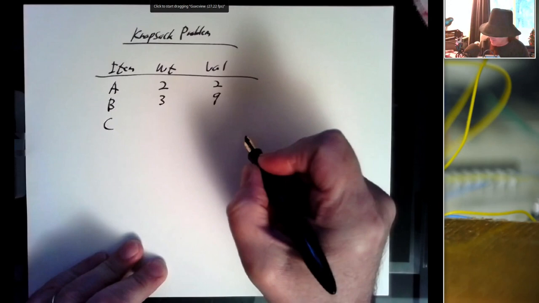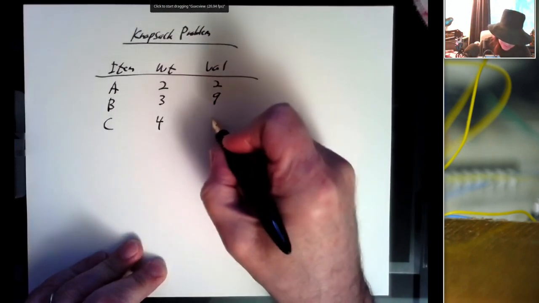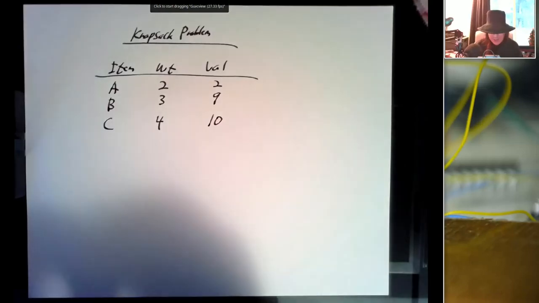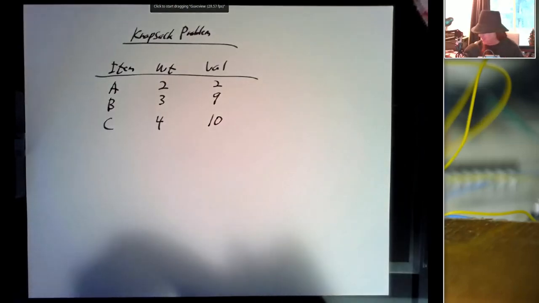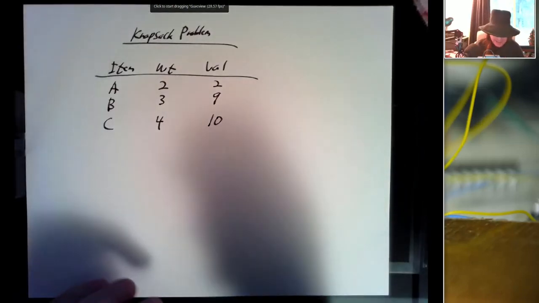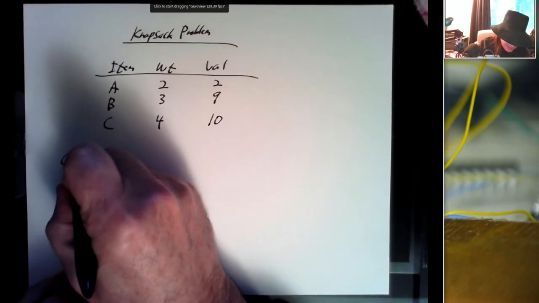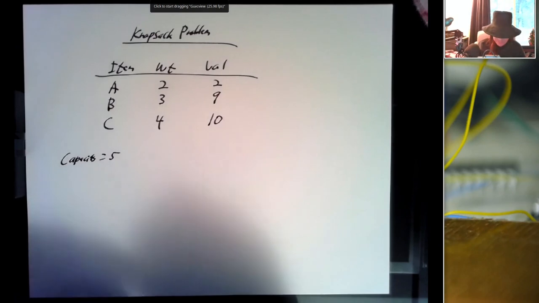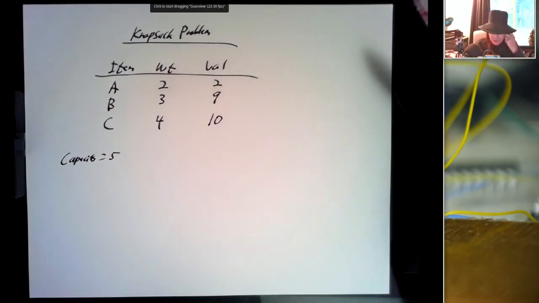And here's item C, and it weighs 4 pounds and is worth $10. All right, so how would we pick items to put into our bag? And suppose that our bag has a capacity of 5 pounds. So what items should we put into our bag?